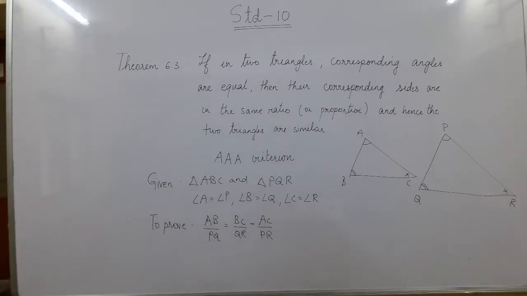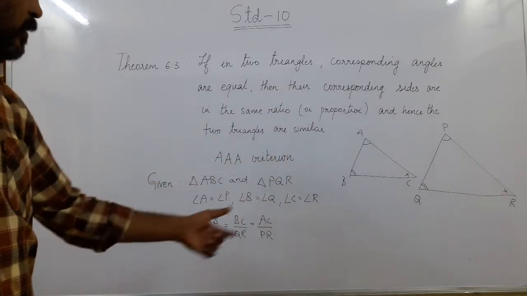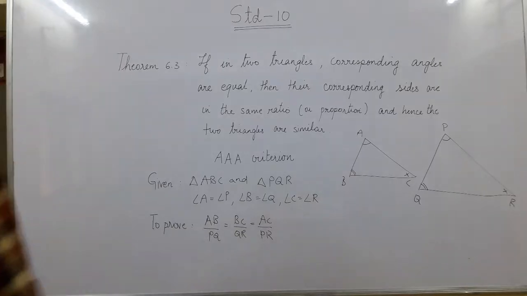We have to prove if the angles are equal, then the sides are in the same ratio. That is what we have to prove. Okay, so now should we move on to the proof? Let us see how we prove it, okay?